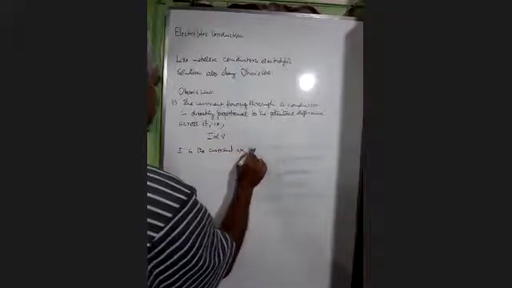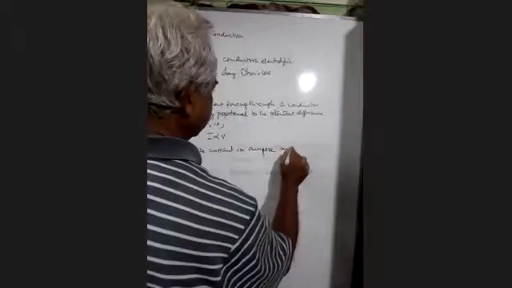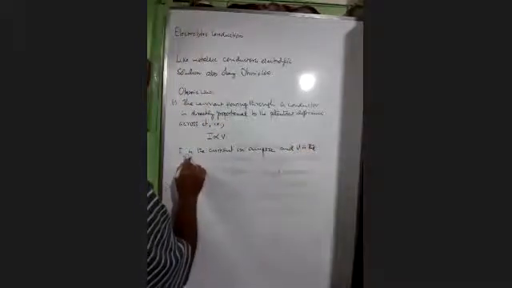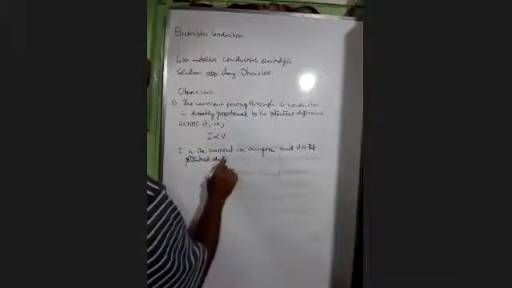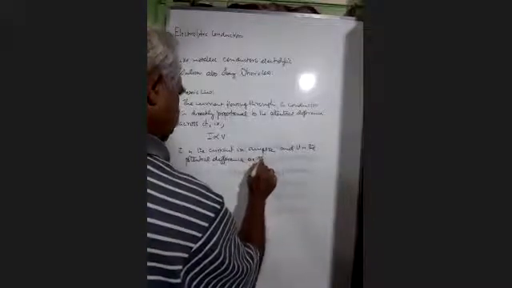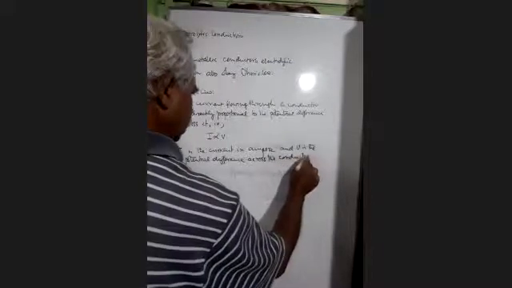I is the current in ampere and V is the potential difference in volts across the conductor.